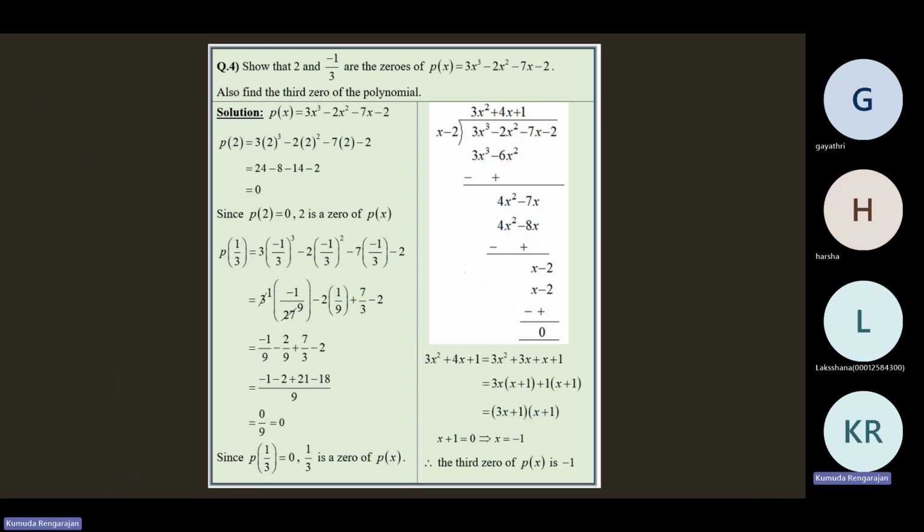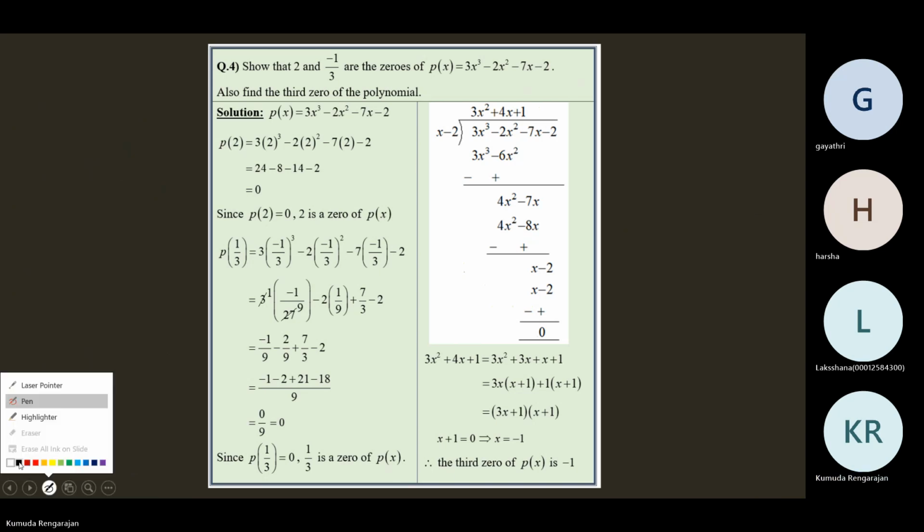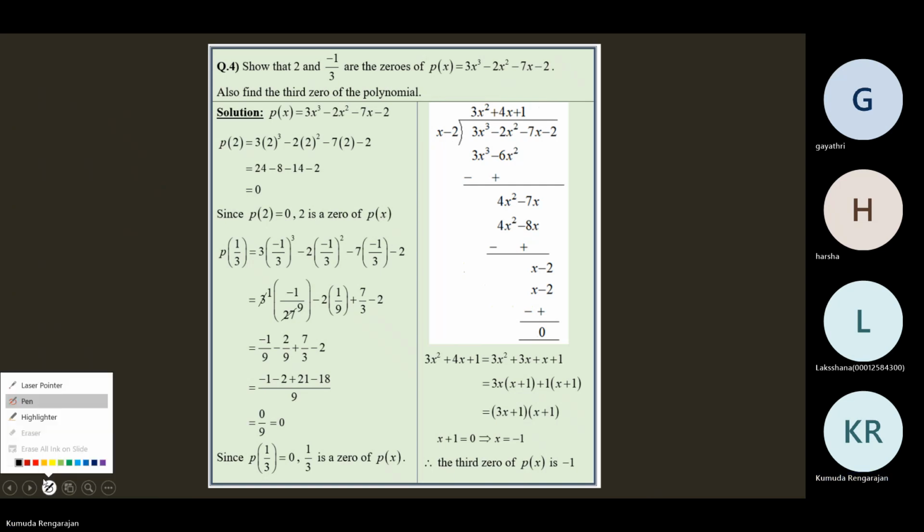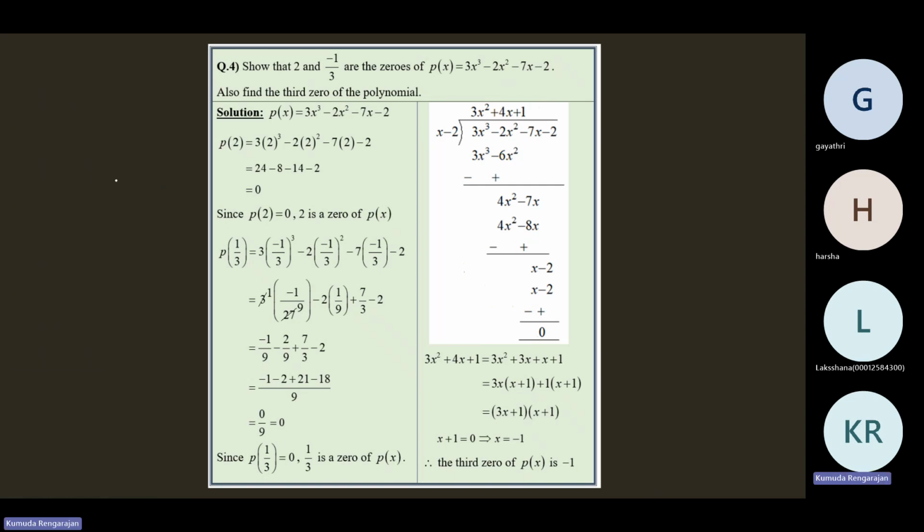Similarly, when you factorize the quotient, there is one factor here. The remaining 2 factors are here. When you factorize the quotient, you will get the remaining 2 factors. See, it's exactly like this. I'll use the same number 30.